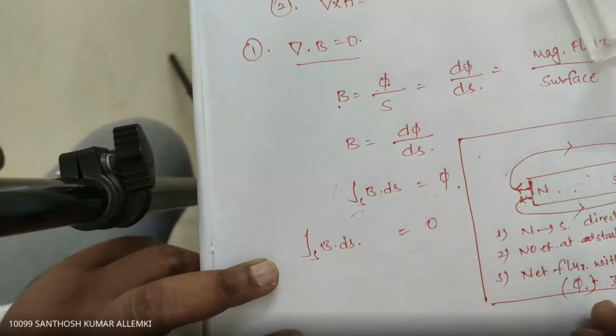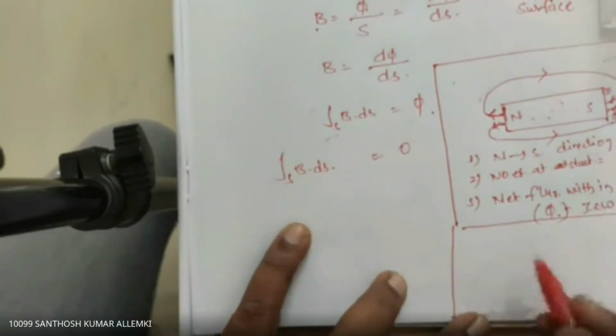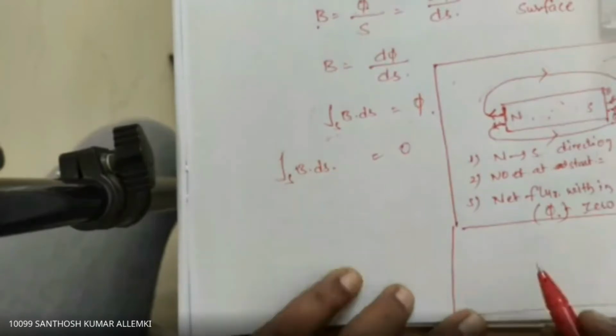Now we'll have another condition. We have another theorem, that is the divergence theorem. The divergence theorem says that we can convert a surface integral to a volume integral.